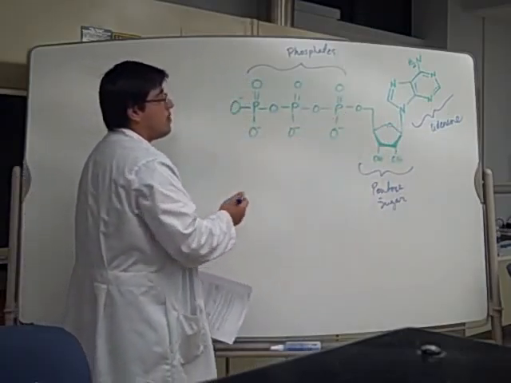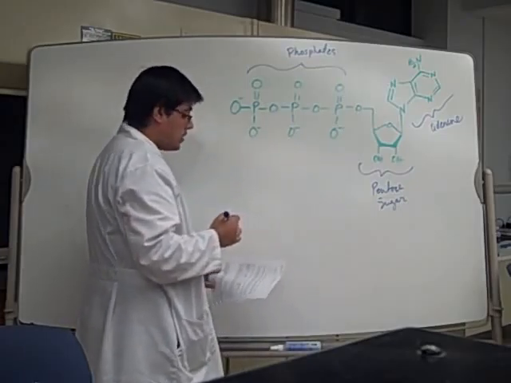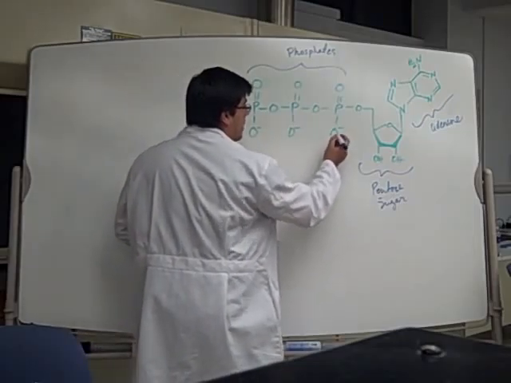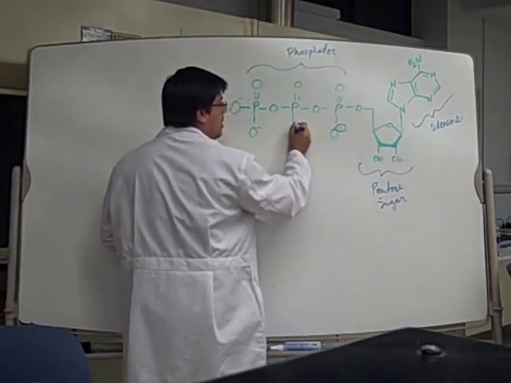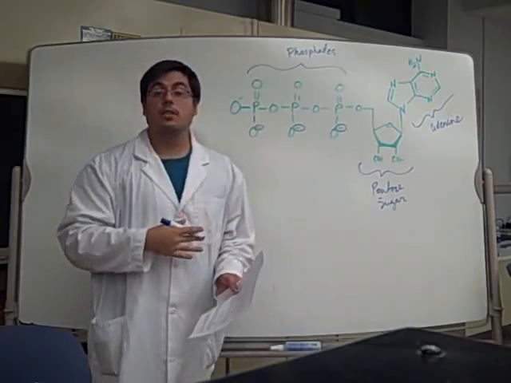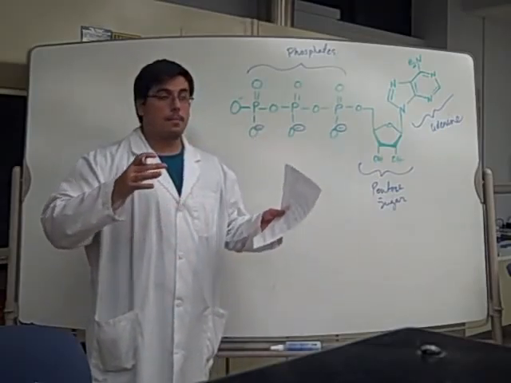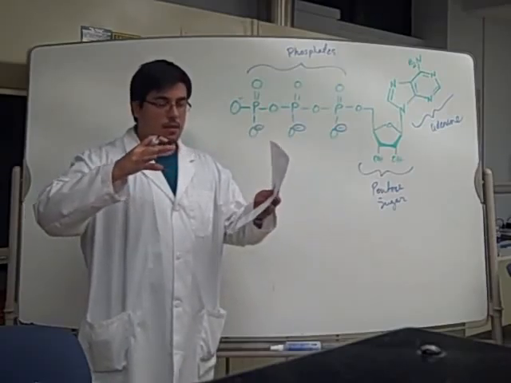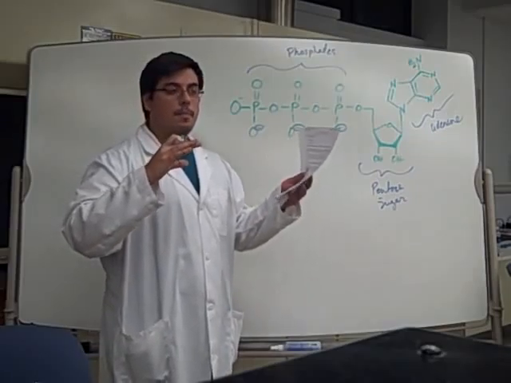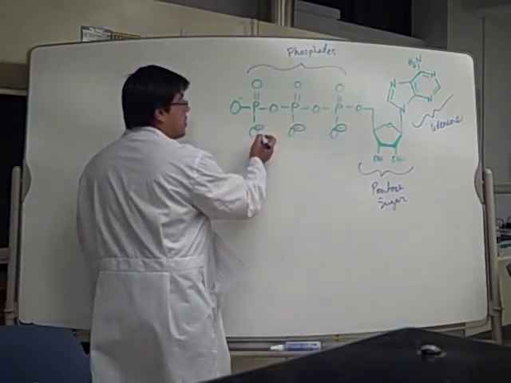Now, being that here we have three phosphate groups attached, the main component here is the fact that we have these negatively charged phosphate groups. Because of these negatively charged phosphate groups, you have these repelling like charges.